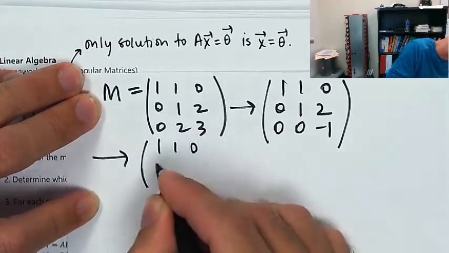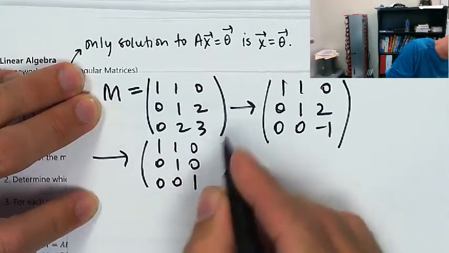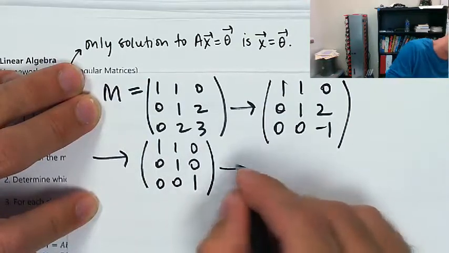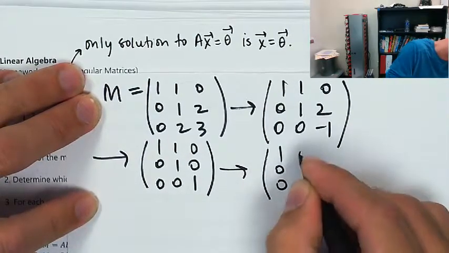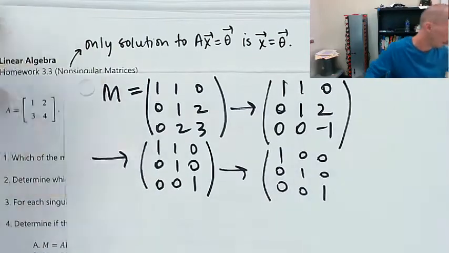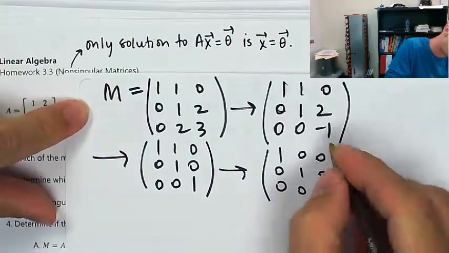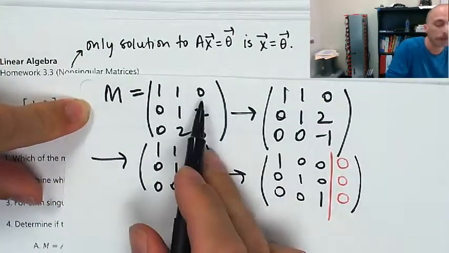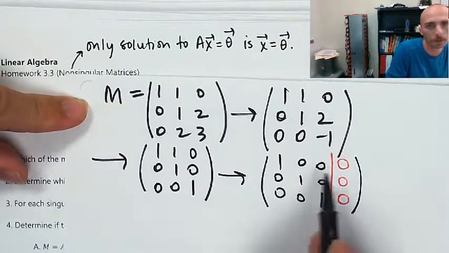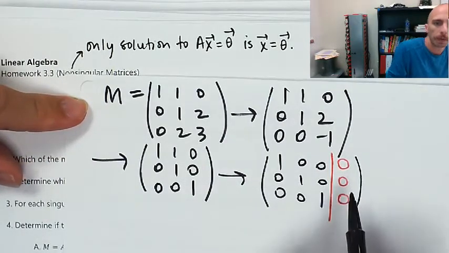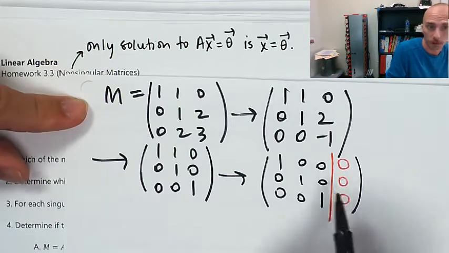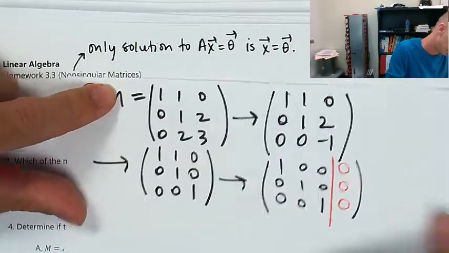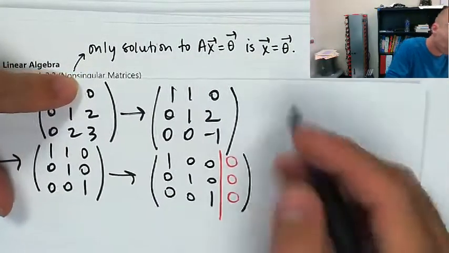So I'll have 1, 1, 0, 0, 1, 0, 0, 0, 1, and I'll use this 1 to clear out that top middle entry. We're interested in the solutions to the equation MX equals 0, so I'll augment with 0, because I know that if I'd augmented at the beginning and row reduced, it would have still been 0s there all along. And what am I going to have here? Oh yeah, just all 0s, and that's the 0 vector, so that means that M is non-singular. So D plus E is also non-singular.